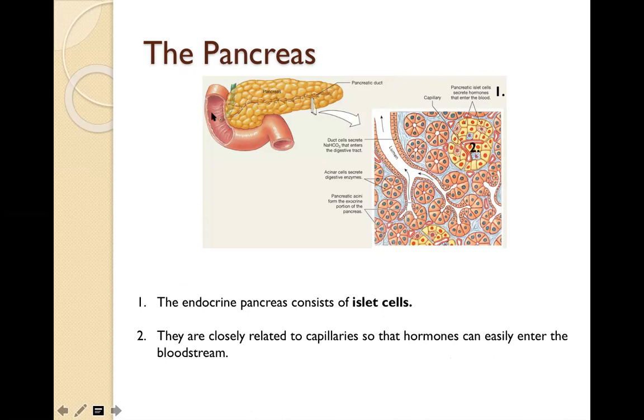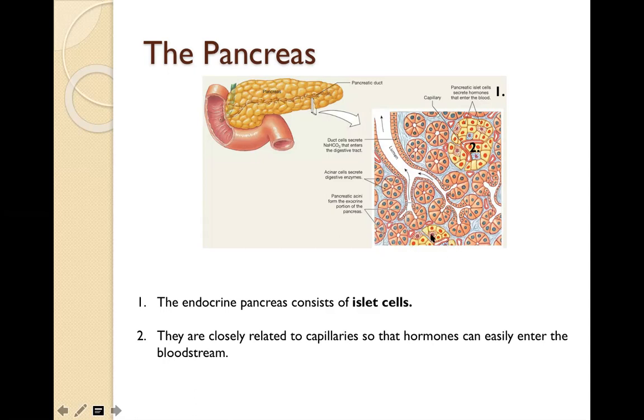The endocrine pancreas, on the other hand, is a completely separate group of cells. So rather than these acinar cells that open to the ducts, you can see these other yellow conglomerations of cells. This is part of the endocrine pancreas. So there's a collection of these cells here. You can see another collection of these cells here.